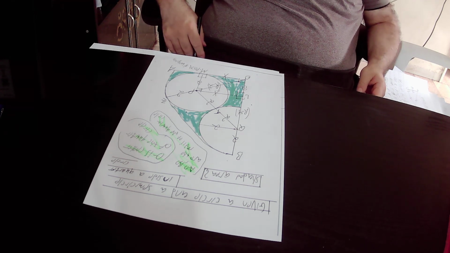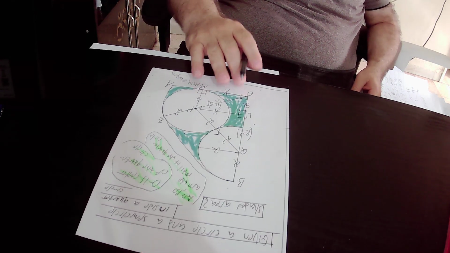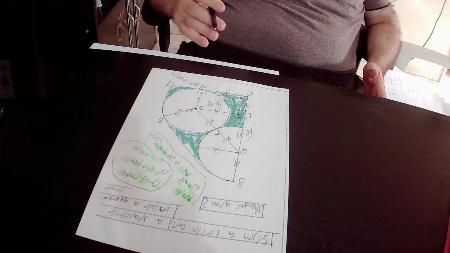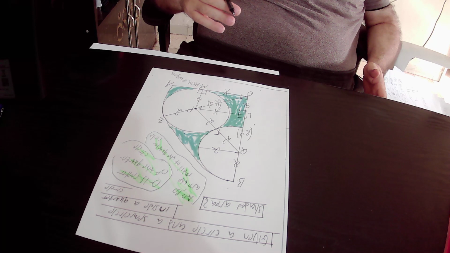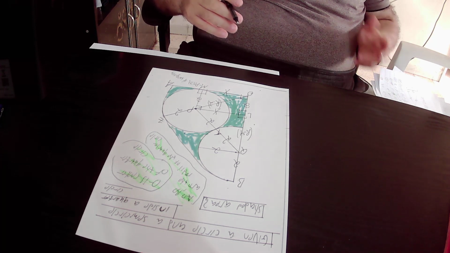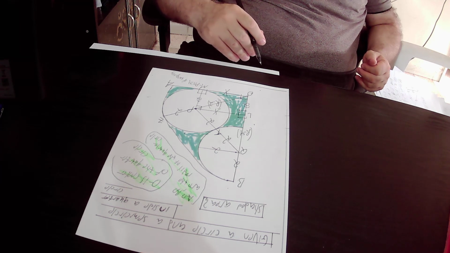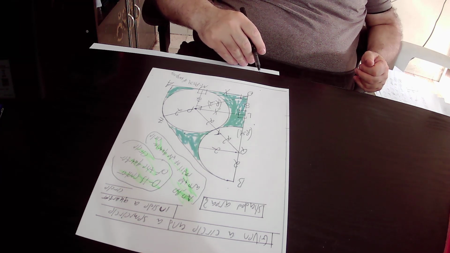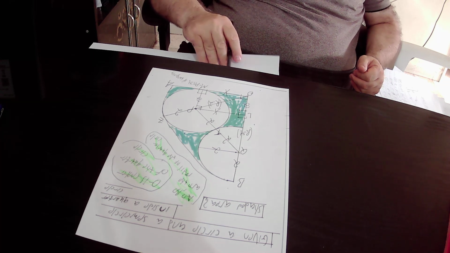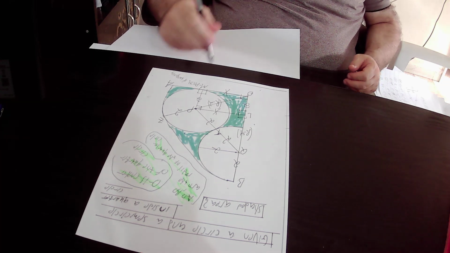Therefore, we know that the area of any quarter circle equals the area of the circle over 4. That is to say, it must be equal to pi R squared over 4, and R equals 6. Okay? And what is the value of the shaded area?